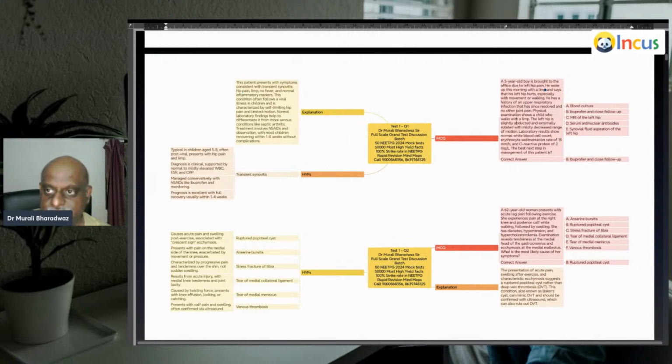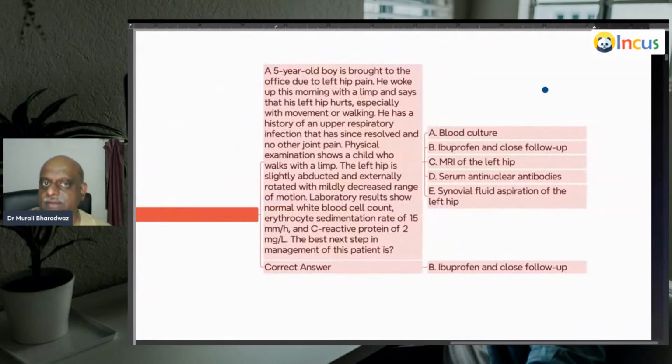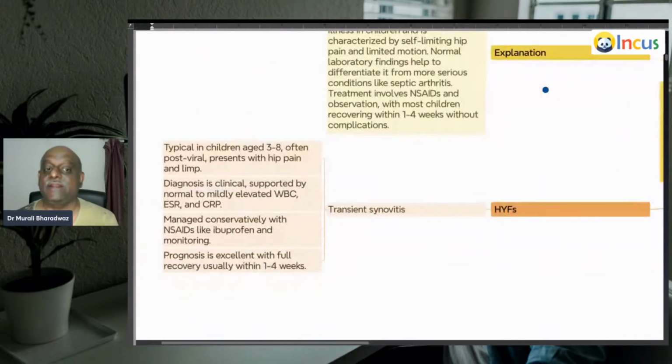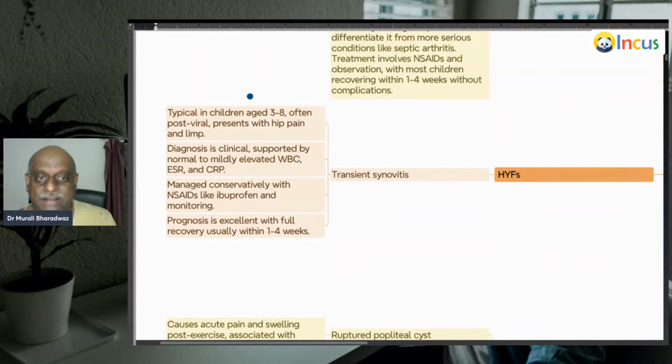Now, doctor, a 5-year-old boy is brought with left hip pain. He woke up in the morning with a limp and says that his left hip hurts. He has a recent upper respiratory infection. That is the clue. The most important diagnosis is transient synovitis. Typically seen in children 3 to 8, post-viral hip pain and limp.